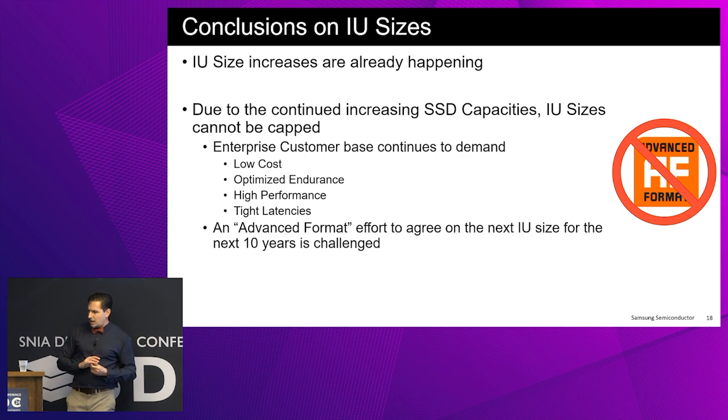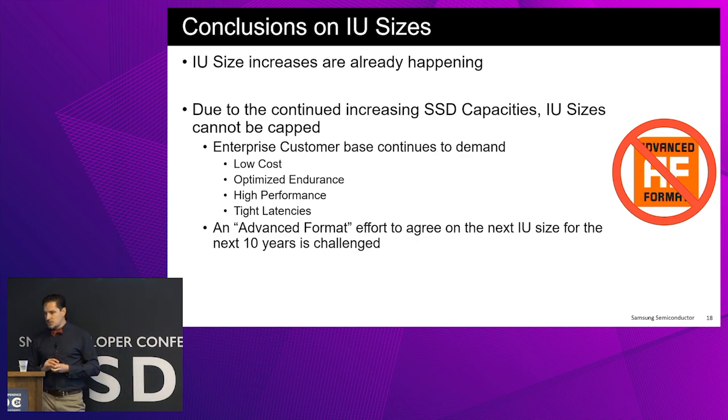From an IU size in SSDs perspective, could we solve this similar to what HDD did? Can we learn from them? Can we as an industry look at this and say, let's pick an IU size and stay there? And generally, I went through this in great detail in part to make sure that it's clearly described why we're seeing these limits, right?